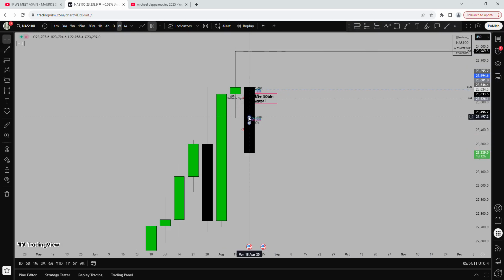So yeah, on the weekly time frame, we can see that price failed to close aggressively above this high, right? Above this candle high, this bullish candle you can see here.